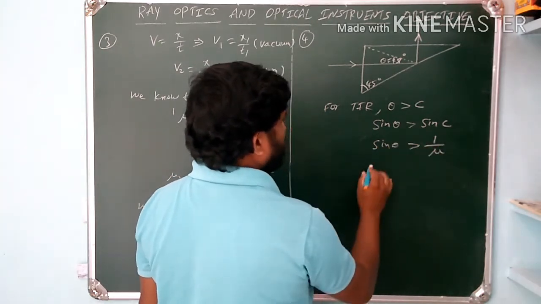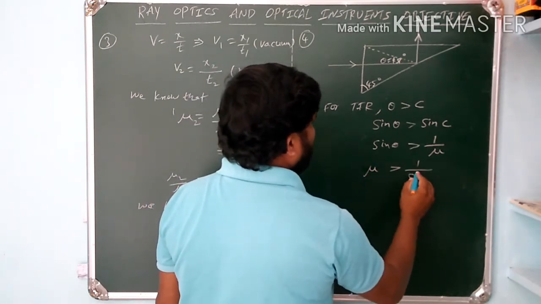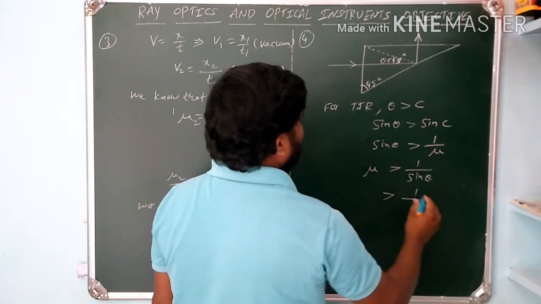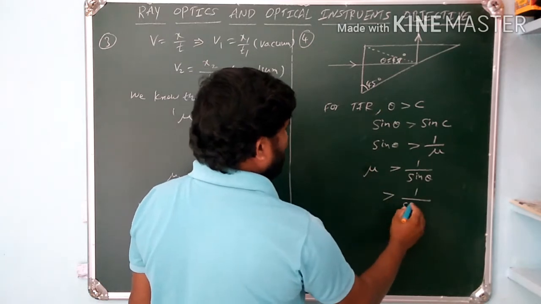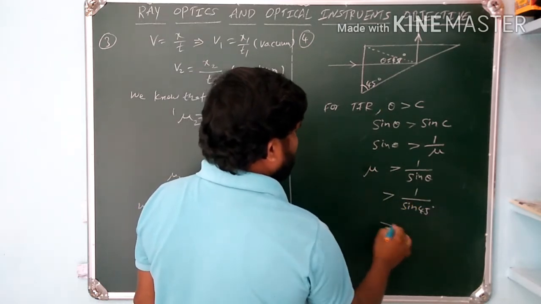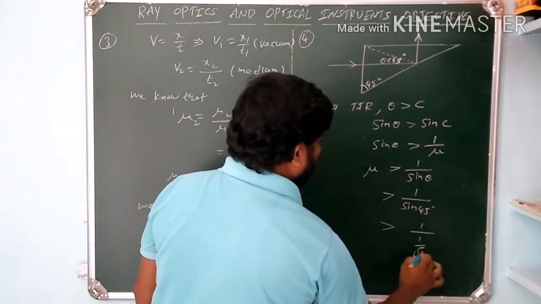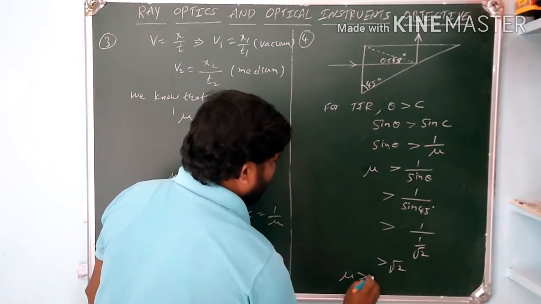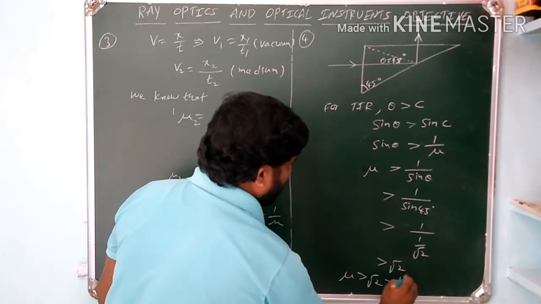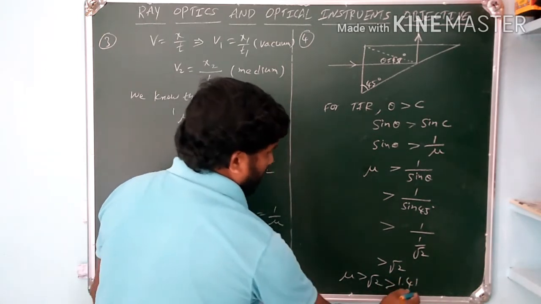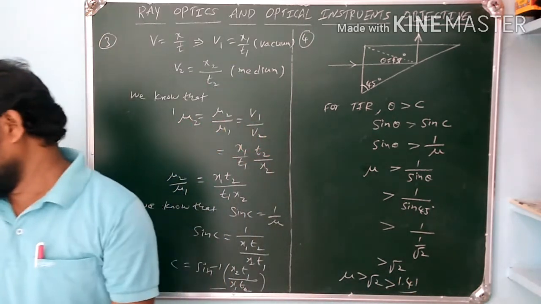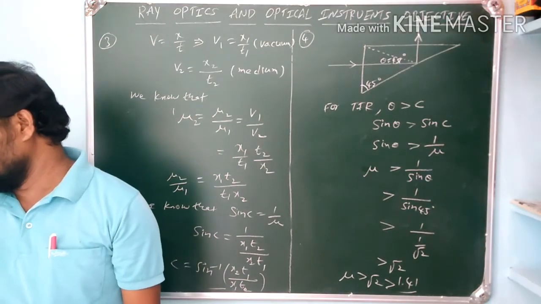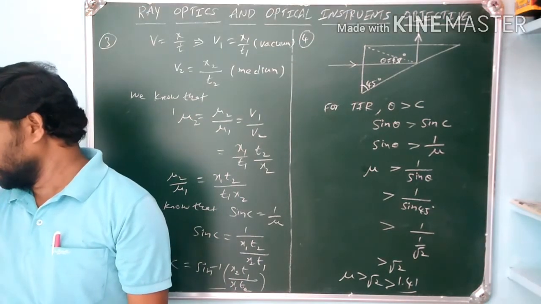Interchange these two: mu is greater than 1 by sin theta, and theta is given as 45. Sin 45 is 1 by root 2, and it goes to the numerator as root 2. Therefore mu is greater than root 2, which can be written as 1.41. Therefore the option is the third option, greater than 1.41.